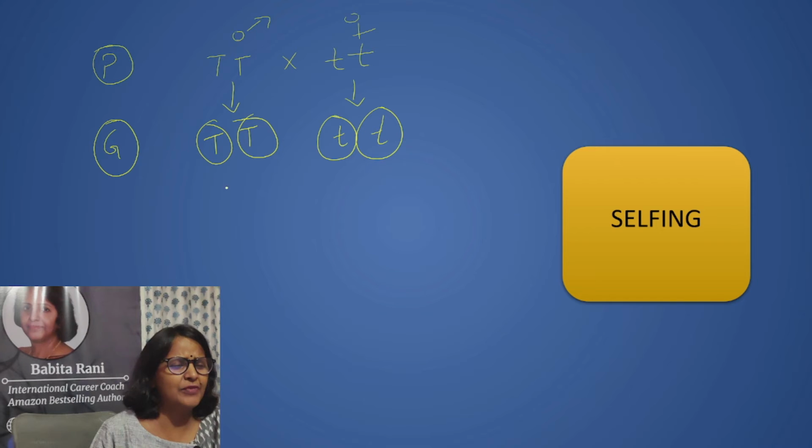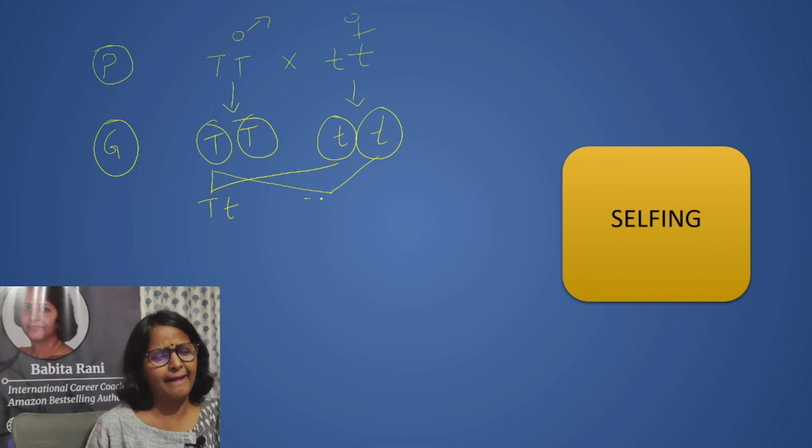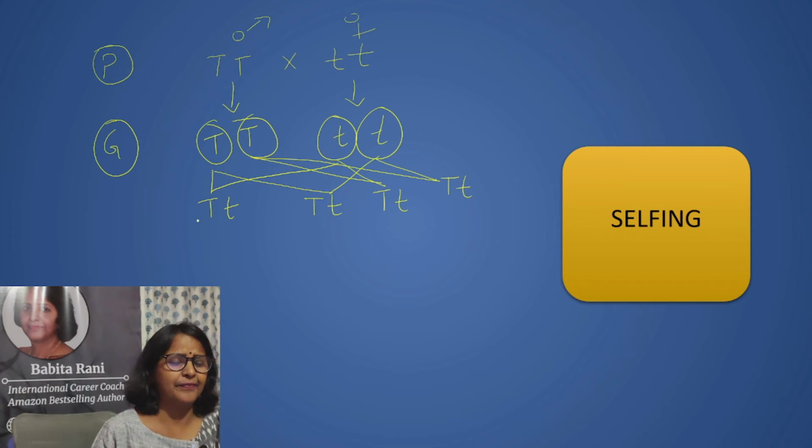For gamete I am writing G. Now if these two combine, you can see everywhere we are having the same type of genetic makeup of an individual, that is the organism. So, this is first generation F1.